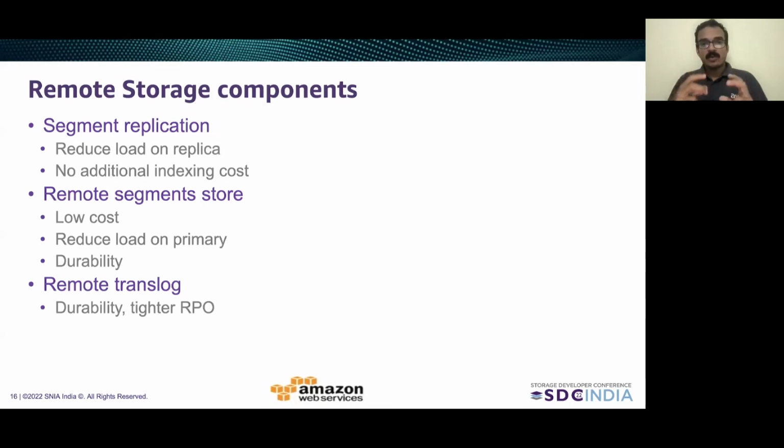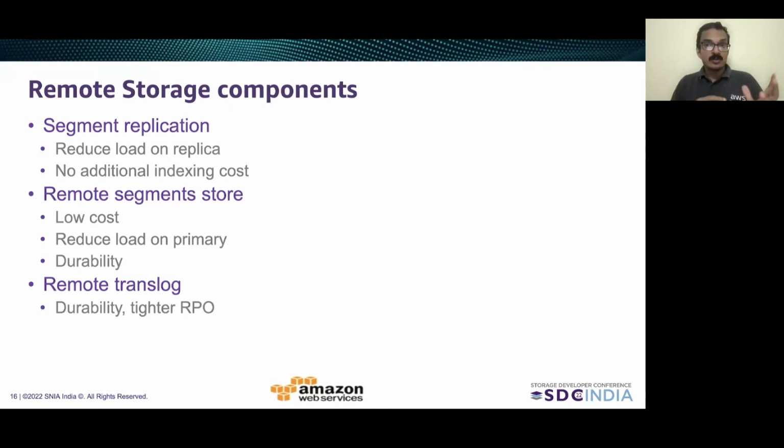The second component is the remote segment store. Once you support segment replication, we are supporting the ability to copy the segments into the remote store, which is really low cost compared to multiple local copies of the index. The side effect of the remote store is translog handling. As I mentioned, the translog also has to be copied to the remote store so that primary failure is not a concern anymore.